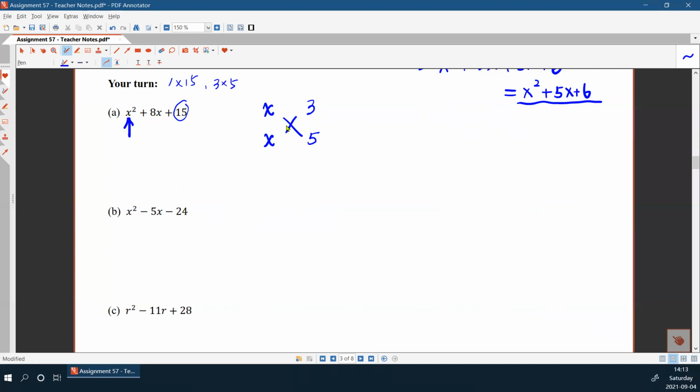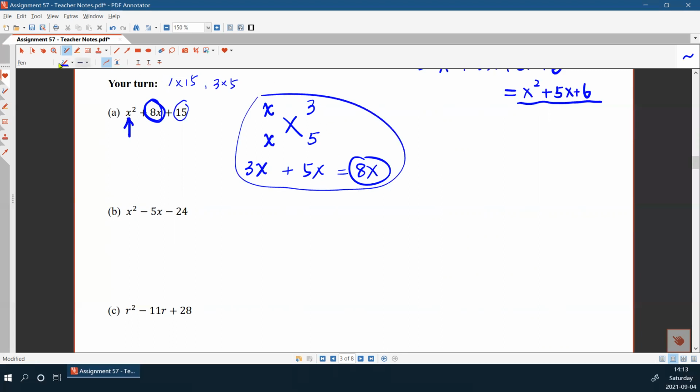Now let's check. 3 by x is 3x, 5 by x is 5x, and 3x plus 5x is 8x, and 8x is exactly the term in the middle, right? Okay, so this factoring is workable.